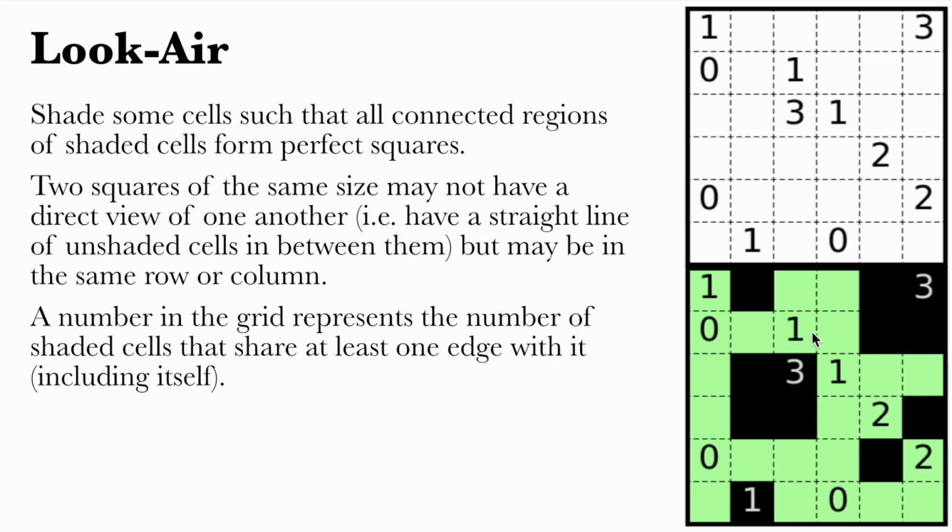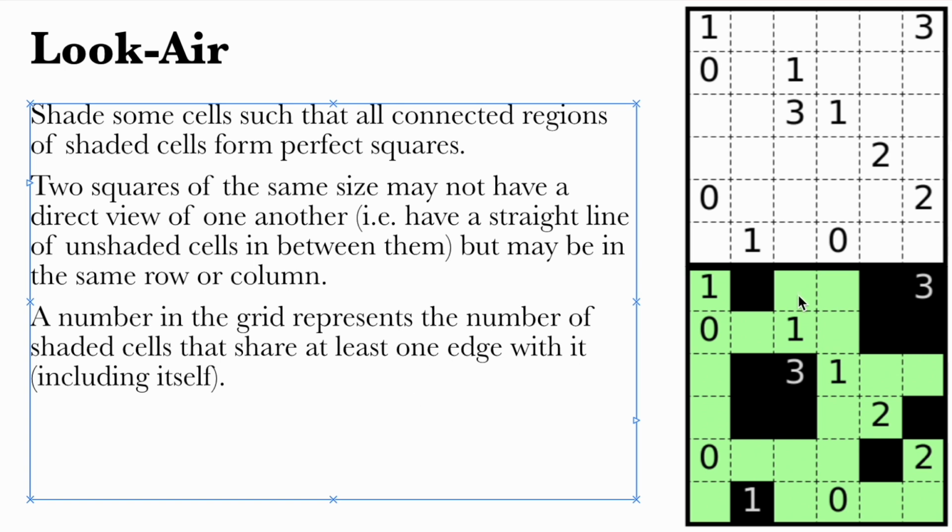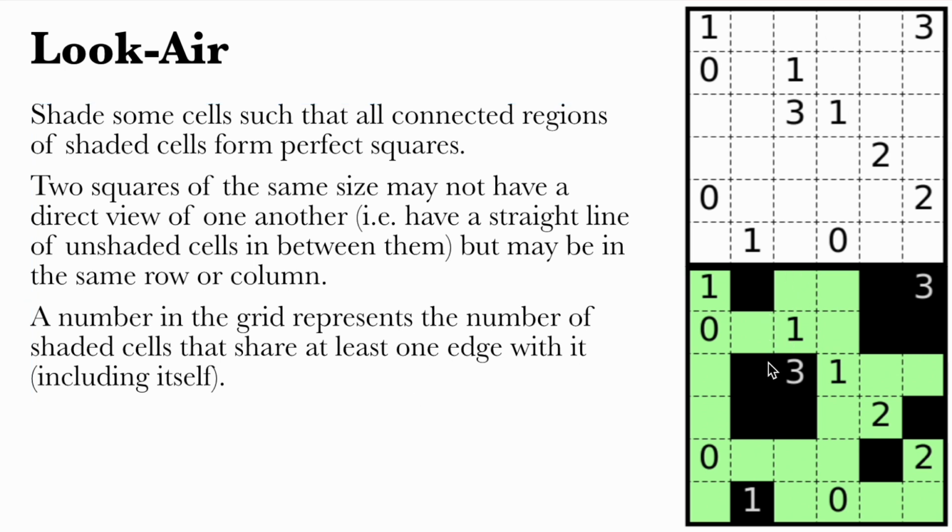If we trace a direct line horizontally or vertically from it, we will not see another 2x2 square of cells. But the caveat at the end is talking about the example here from this 1x1, which, as you can see, does share a column with this 1x1 at the bottom, but is obstructed by a 2x2 in between.